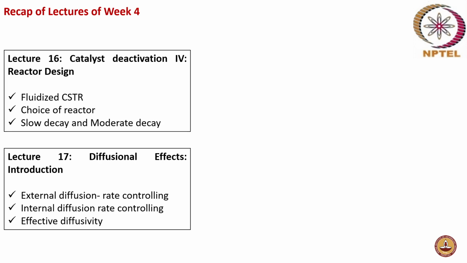Actually, external diffusion, followed by internal diffusion of the reactants. Then adsorption of the reactants on the catalyst surface, and then surface reaction, and then desorption, followed by internal diffusion of the products from inside of the pore to the outside of the catalyst surface, and then from the catalyst surface to the bulk.